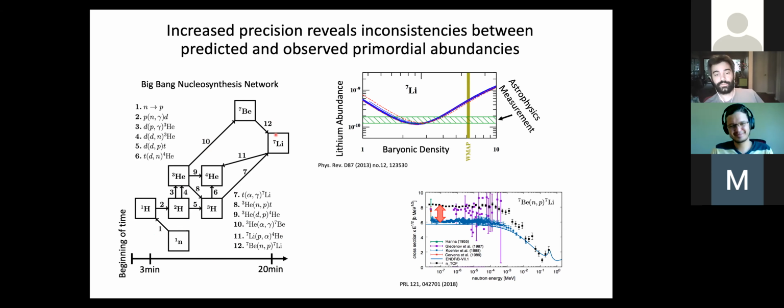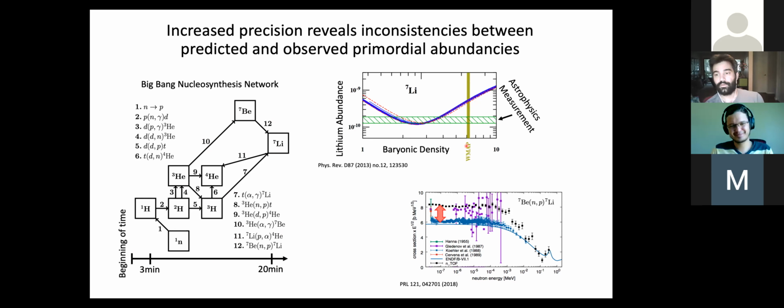And if you look closer at the abundances of these elements, then you start figuring out that things are not lining up perfectly. What is plotted here is the abundance of lithium-7. These are theoretical calculations, so the expected abundance of lithium-7 is based on the baryonic density.